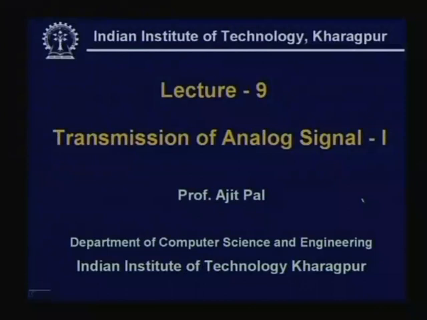In the last two lectures, we have discussed the transmission of digital signal. There we have seen how analog and digital data can be encoded into a digital signal form, which can be transmitted through various types of transmission media.